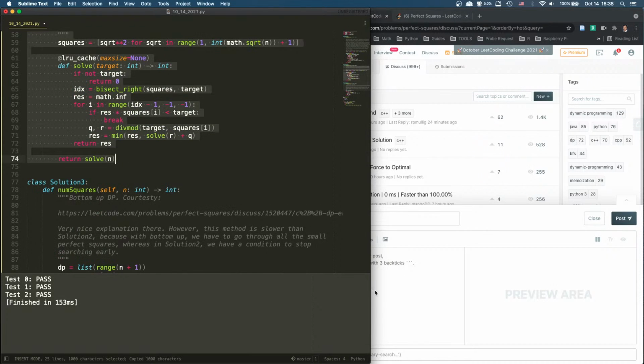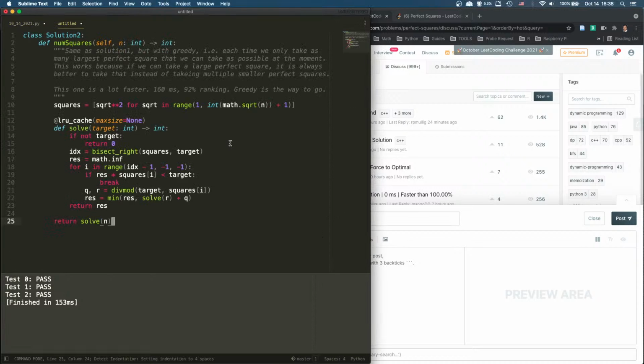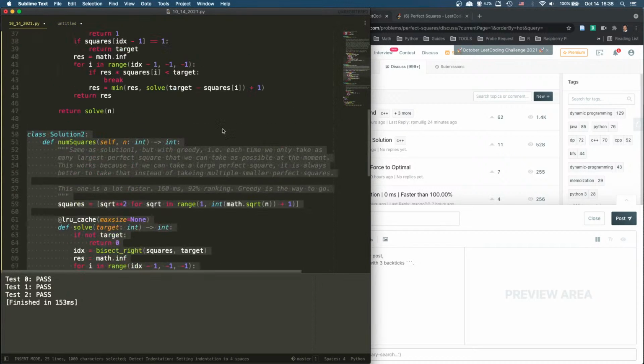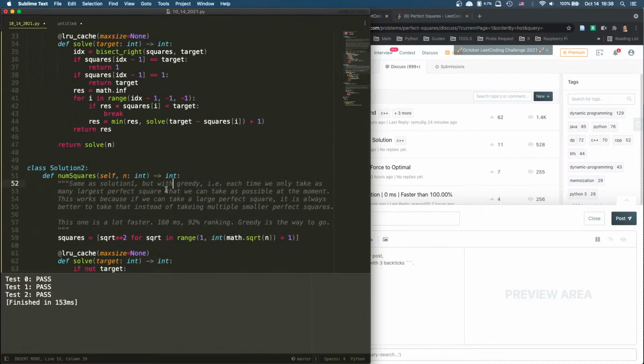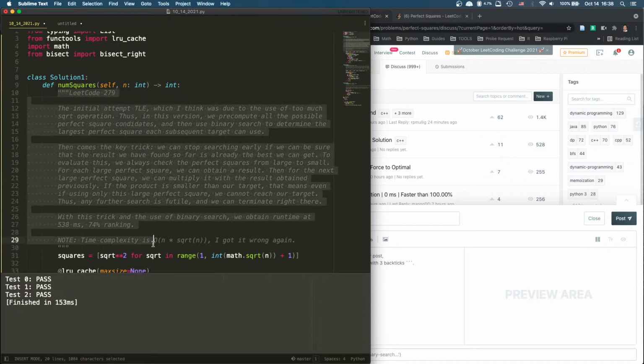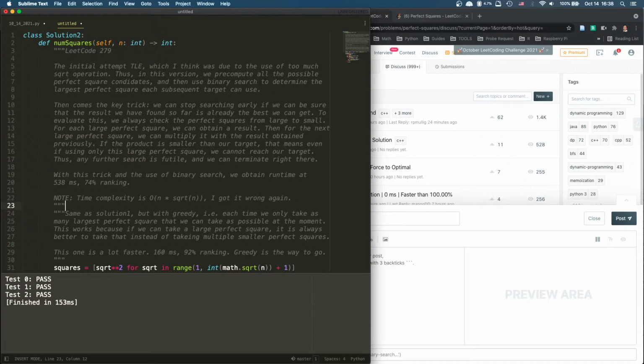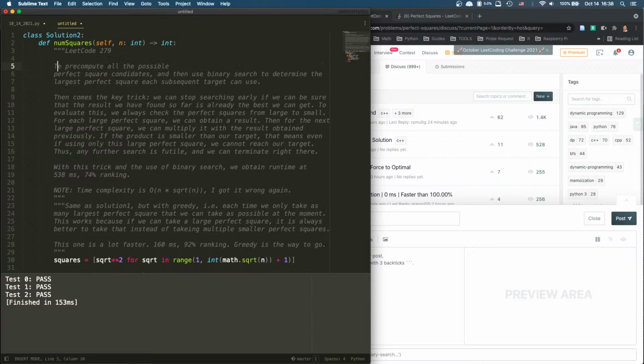Okay, so I'm gonna get into a new text editor, right? And then I'm gonna use this, right? Use this. And then we do a little bit of modification.